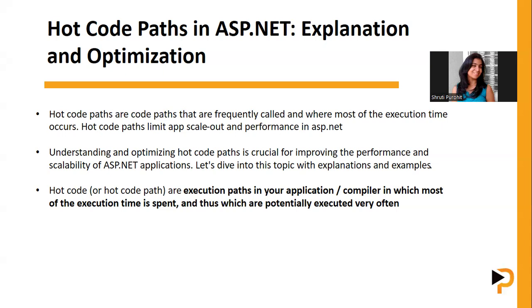Fortunately, there are lots of people writing code that is fast and easy, and people are still following that. So understanding and optimizing hot code paths is crucial for improving performance and scalability of ASP.NET applications. Let's dive into this topic with explanations and examples in more detail.